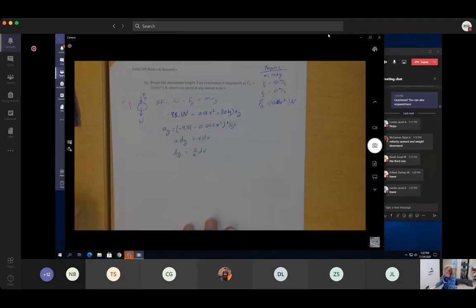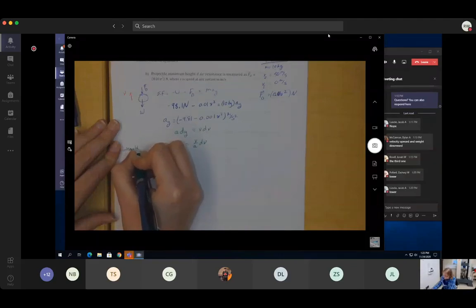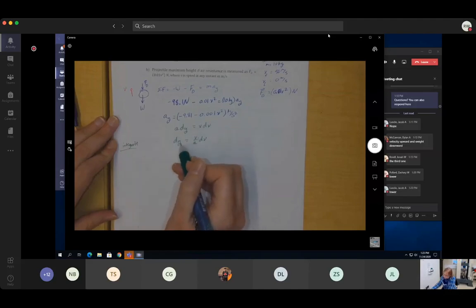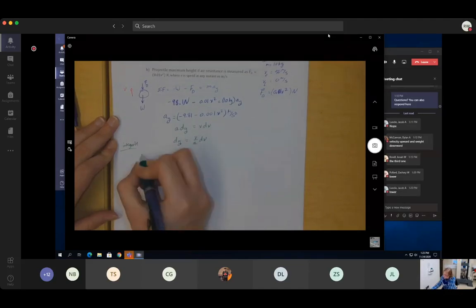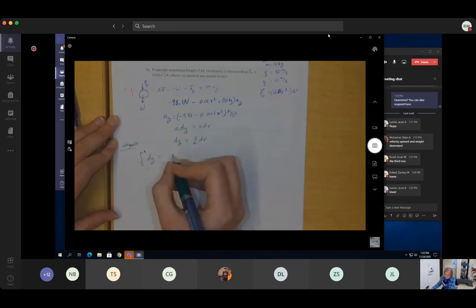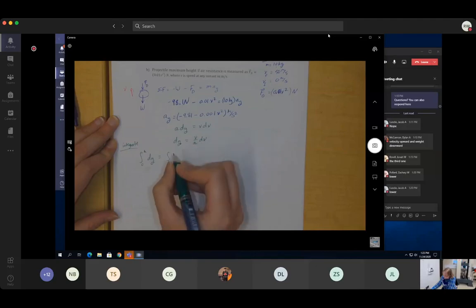Okay, so we're going to go ahead and integrate this equation. So we're looking for our change in height. So we want to integrate dy from 0 to h, and then integrate our other side. So we've got a dv, so we can go from v naught to vf.